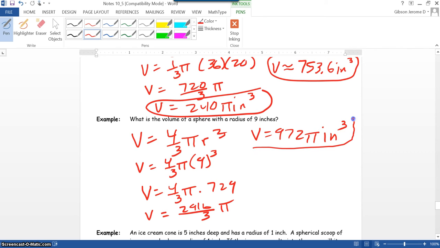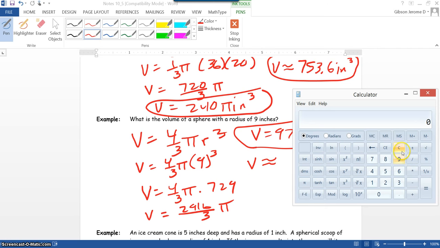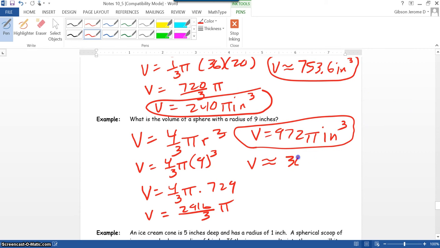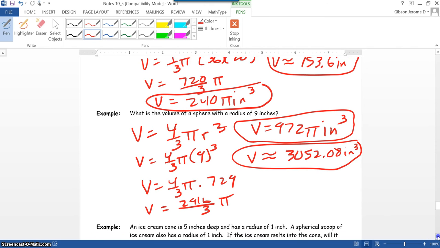Now this is the exact answer. Now the approximation, we will take our calculator, take 972 times 3.14, and we have 3,052.08 cubic inches. That is the final answer.